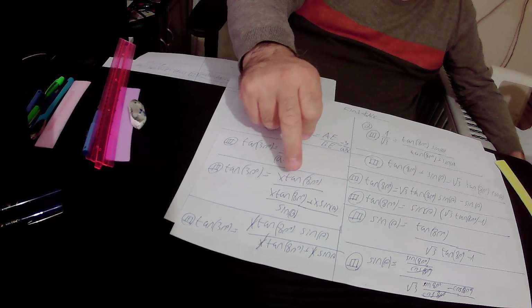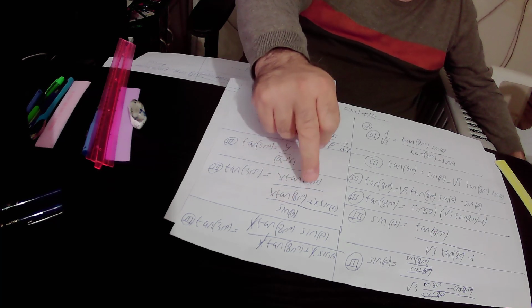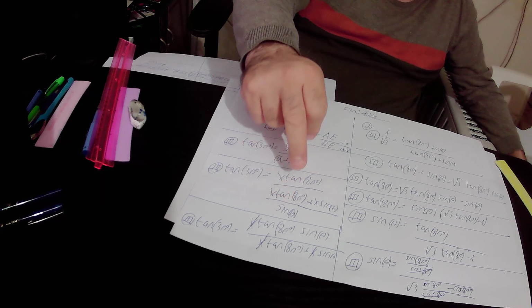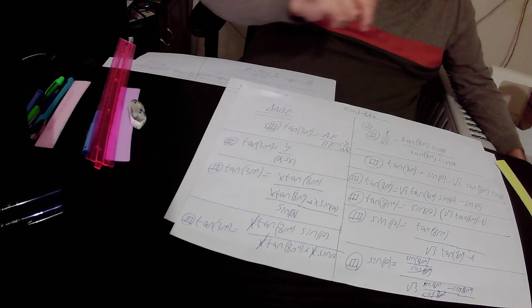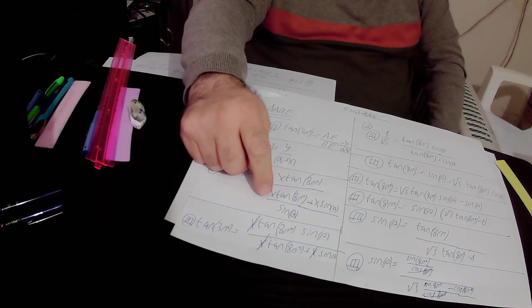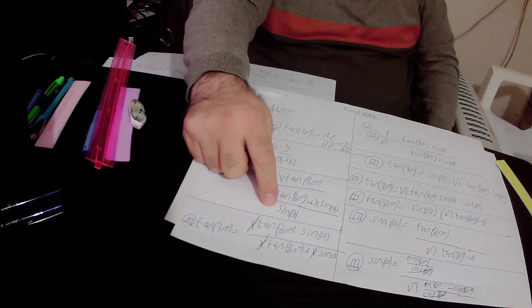In order to have a common factor with this expression, we multiplied X by sine theta and then divided by sine theta, so we changed nothing. And here we moved sine theta that is in the denominator to the numerator.